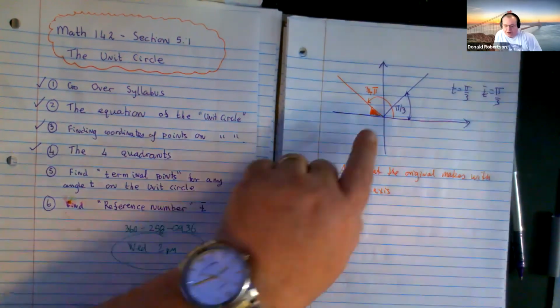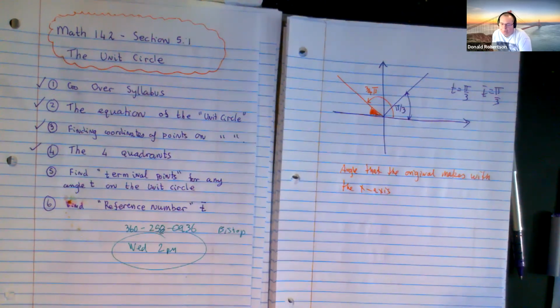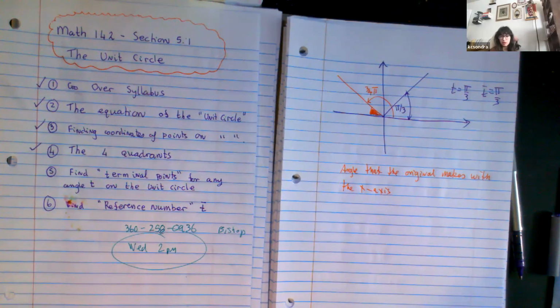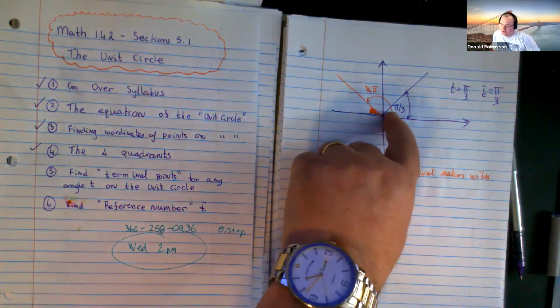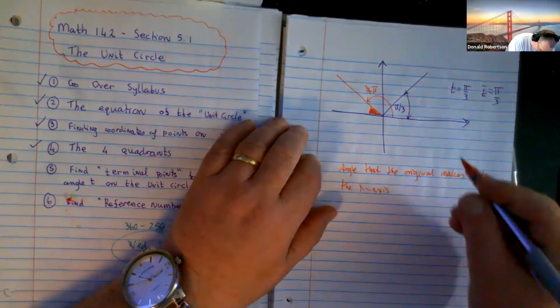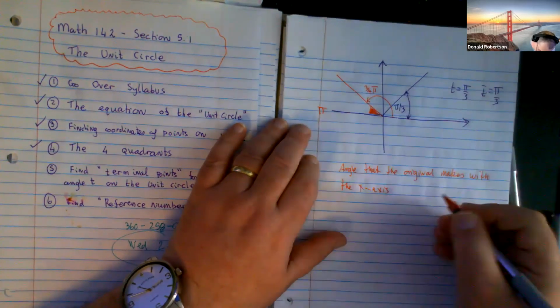So how big is that little angle there? Wouldn't it just be 30 degrees? In radians, that would be pi over 3. Check it again, that's 3/4 pi. So if that's 3/4 pi, wouldn't that be pi take away 3/4 pi? So it's 1/4 pi.